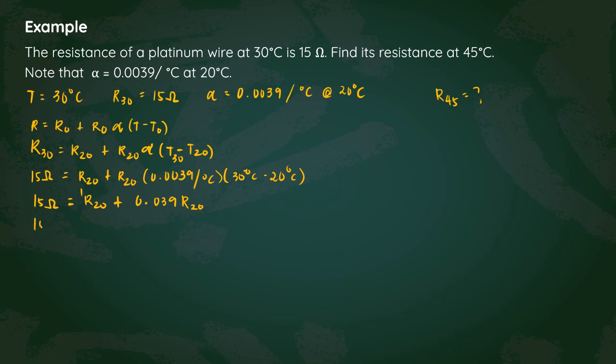Therefore, 15 ohms is equal to 1.039 R20. So the resistance at 20 degrees is 14.437 ohms.